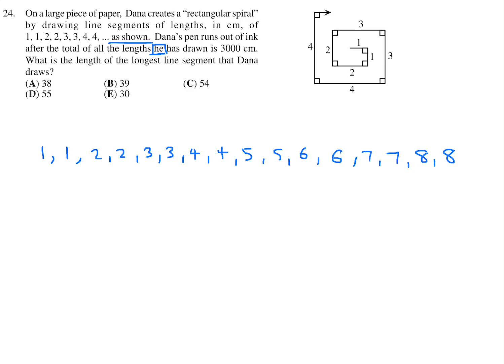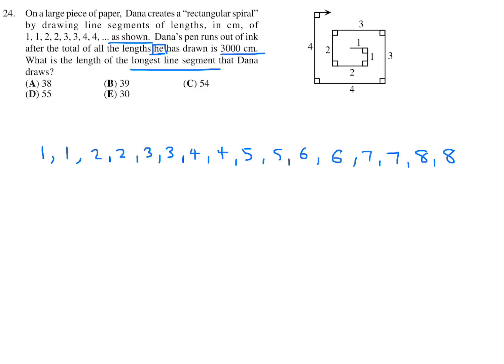Now, when Dana gets to a total length of 3,000 centimeters, the pen runs out of ink. So we want to know what is the longest line segment that Dana draws before running out of ink.